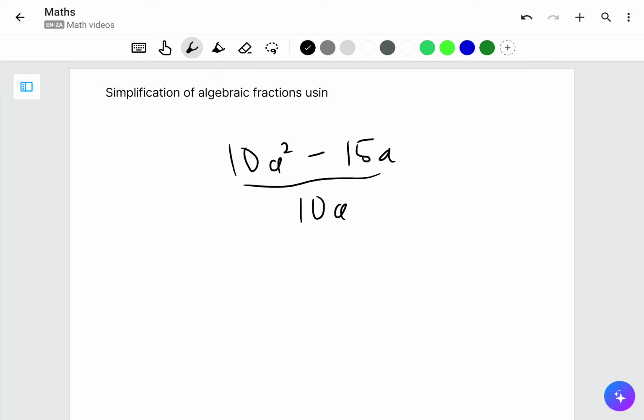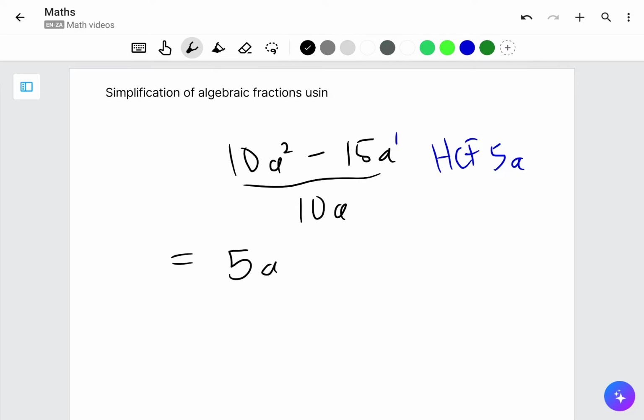Again, looking at the numerator, we know the smallest exponent when it comes to the variables is 1. So if I look at my HCF, the biggest number that can go into both would be 5a. So we're going to take out a 5a, and what am I left with?